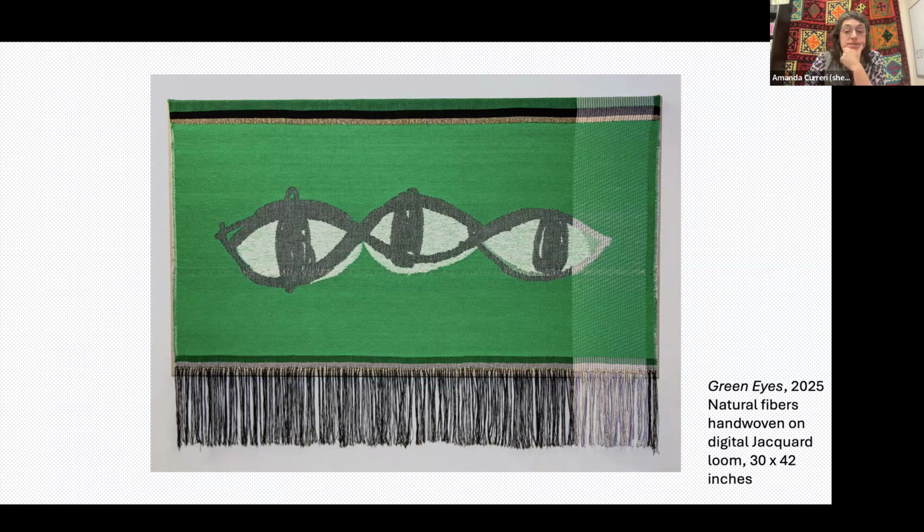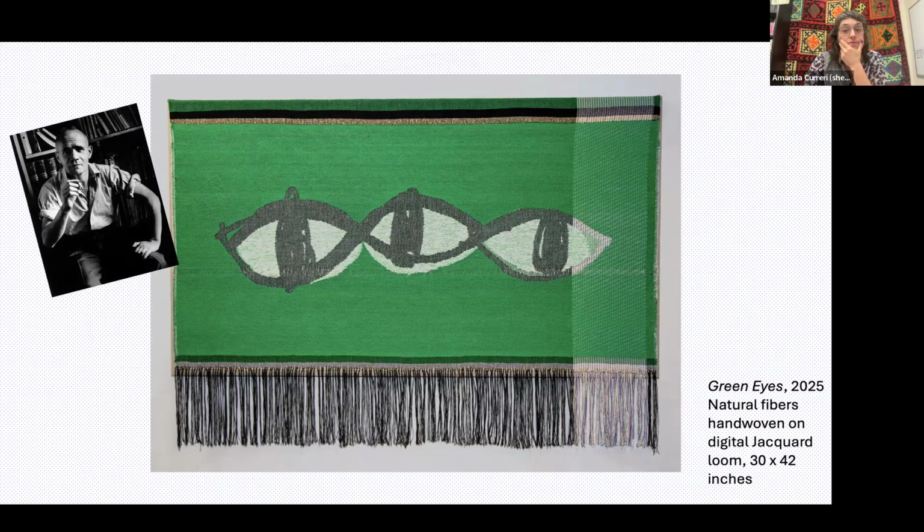It's called Green Eyes, and it's hand woven on the digital loom. The title sort of came first, but looking up Green Eyes online, Jean Genet, who's somebody I'm really interested in for similar reasons to Adrienne Rich, poet, journalist, felon, queer, had a character in his play Death Watch from 1947 named Green Eyes, sort of a violent character.